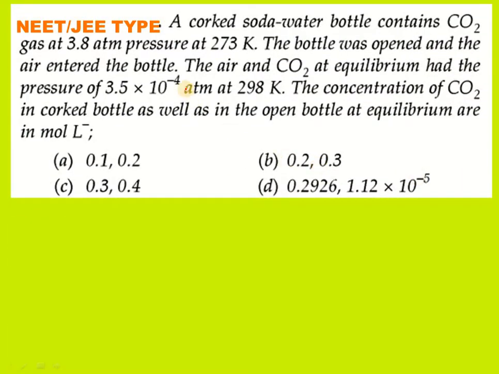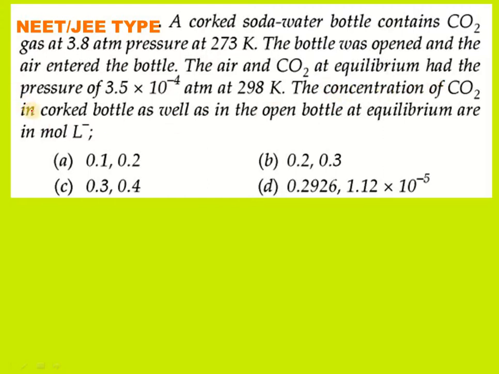See the next question. A corked soda water bottle contains CO2 gas at 3.8 atmosphere pressure at 273 Kelvin. The bottle was opened and the air entered in the bottle. So the air and CO2 at equilibrium had pressure 3.5 × 10⁻⁴ atmosphere at 298 Kelvin.